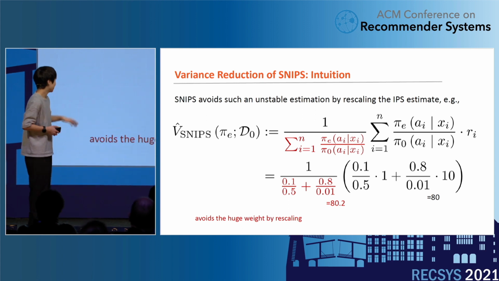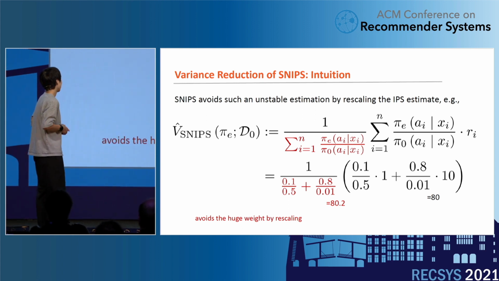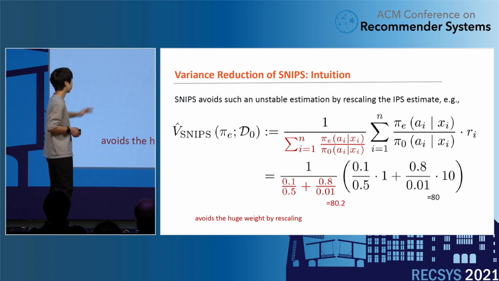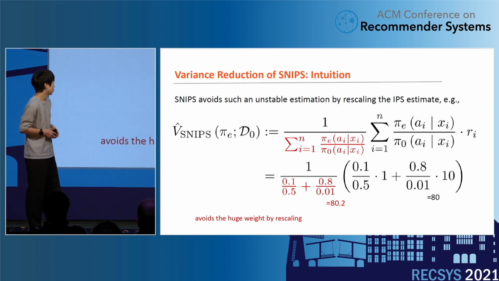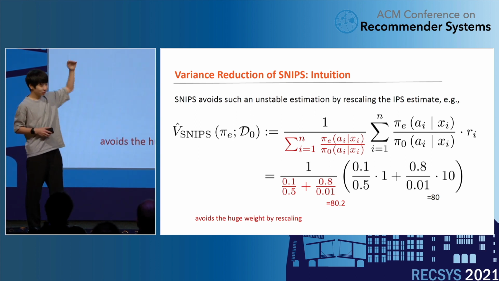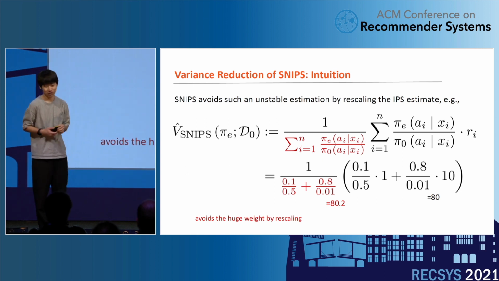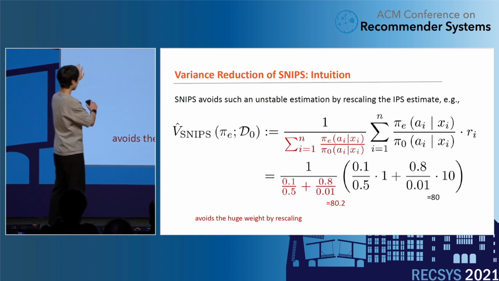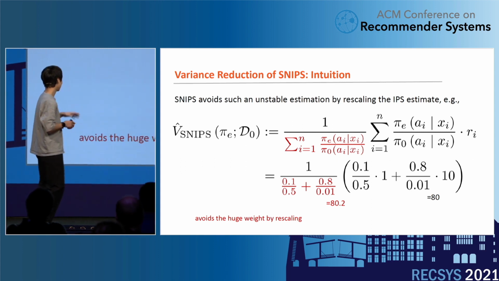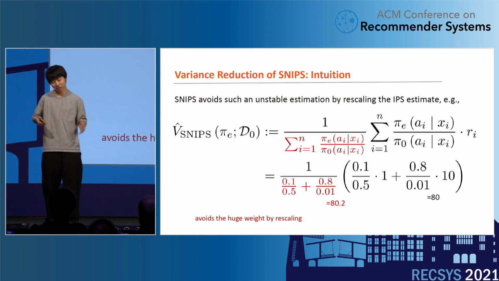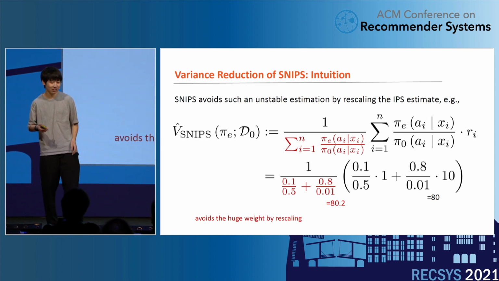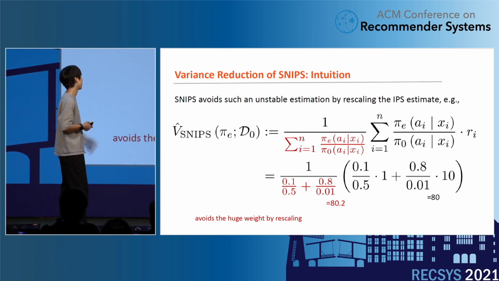But the change is in the denominator, right? The denominator is now the sum of importance weights. So if there is some huge importance weight in the numerator, the denominator is also going to be huge, meaning that we're going to have a moderate final estimation. This is a trick used by the SnipIPS estimator. We call this a rescaling or sometimes a self-normalizing technique, right?